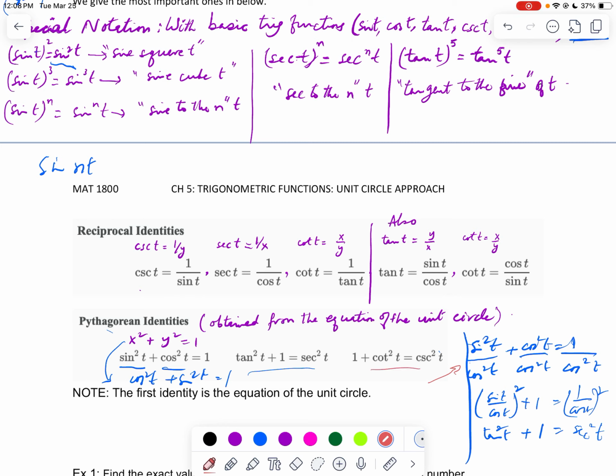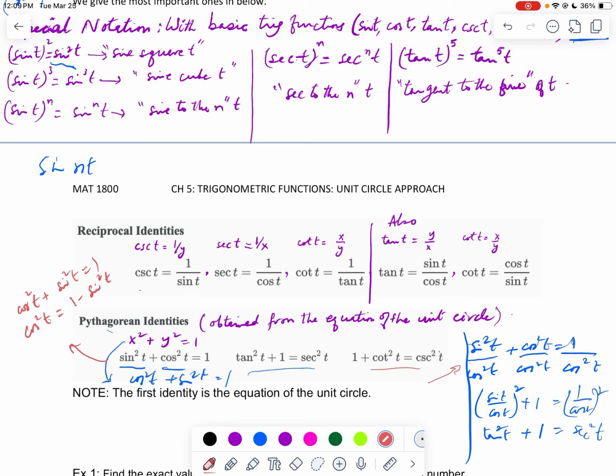Also note from this identity that cosine square t plus sine square t is equal to 1, it has some other forms as well. So you can have cosine square t equals 1 minus sine square t.